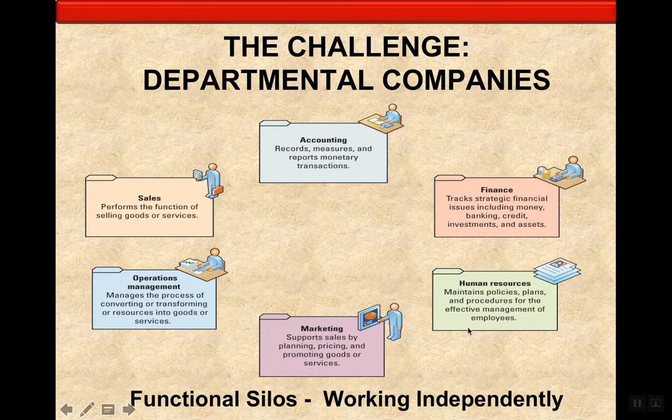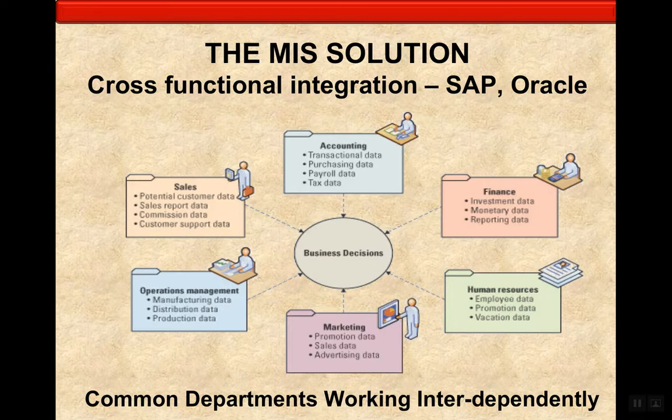And each one of those applications ran independently. So we had multiple applications, each focused on a particular functional area, all working to execute the organization's processes and to achieve the goals as laid out in the strategy.